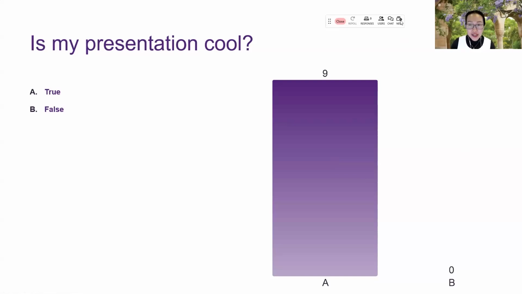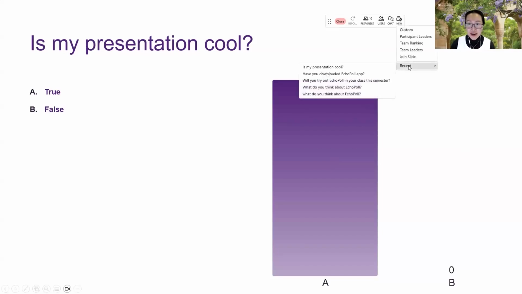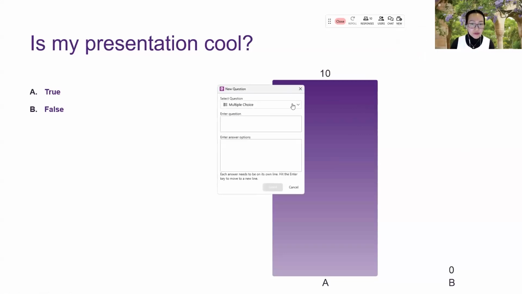And if I want to create a new question, I can click on new. Actually, I need to close the question first. Thank you so much, all the thumbs up are still coming in. So I click to close the question first, and then I can create a new question. Now I will have a real question to ask you. I need to select custom questions, and for this one I select multiple choice, and my question is: did you download the EchoPoll app?